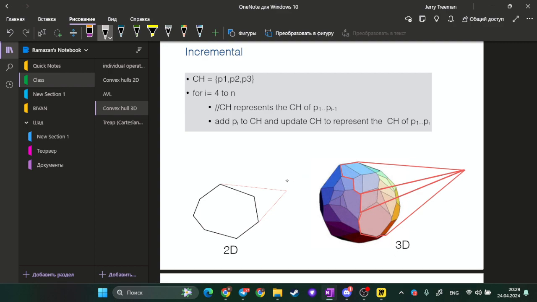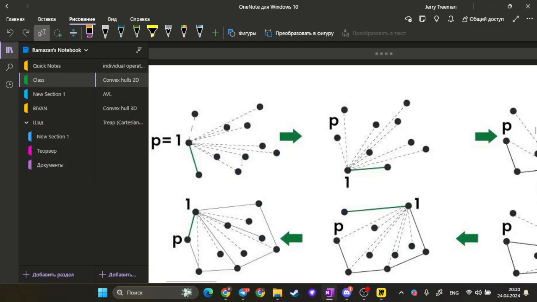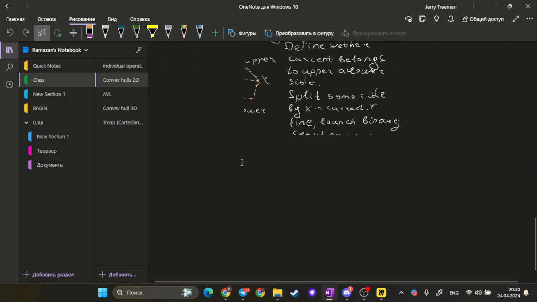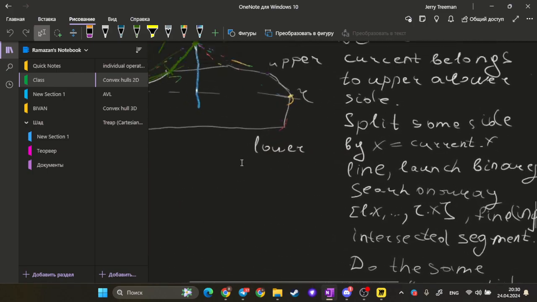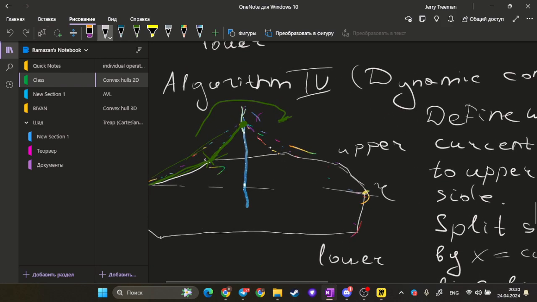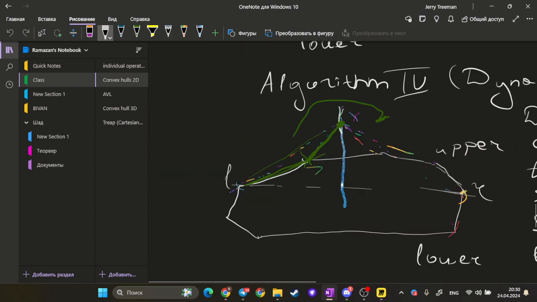So we consider some point in 2D space. We did it; we just explain it in a more detailed way. We consider some point that we need to add to our convex hull. We contain our convex hull as two parts, upper and lower, and first of all we define to what part this point belongs.